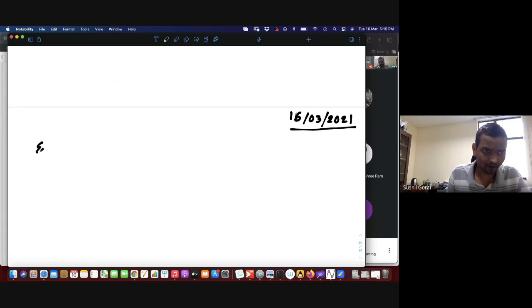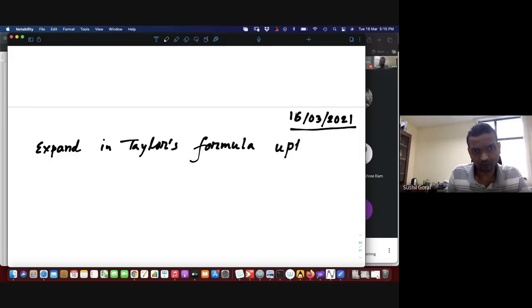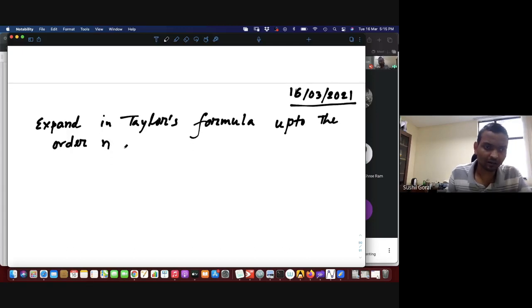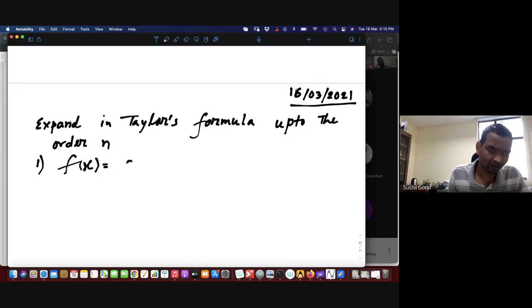Expand using Taylor's formula up to the order n, which means n plus 1, so the Taylor polynomial will be of degree n. One: f of x is equal to sine x.